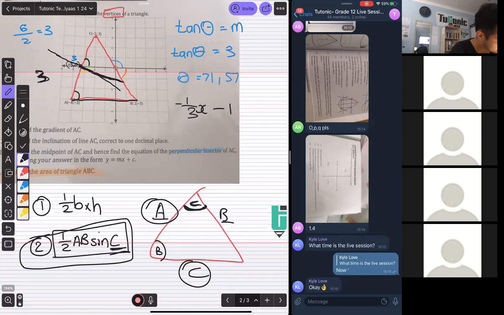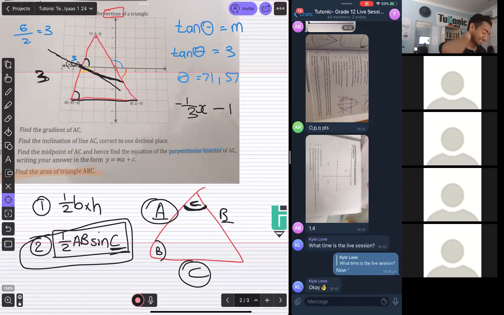You see that? So therefore, there's your angle. So you must use these two sides, AC and AB. So maybe that's why they wanted you to work out the inclination.